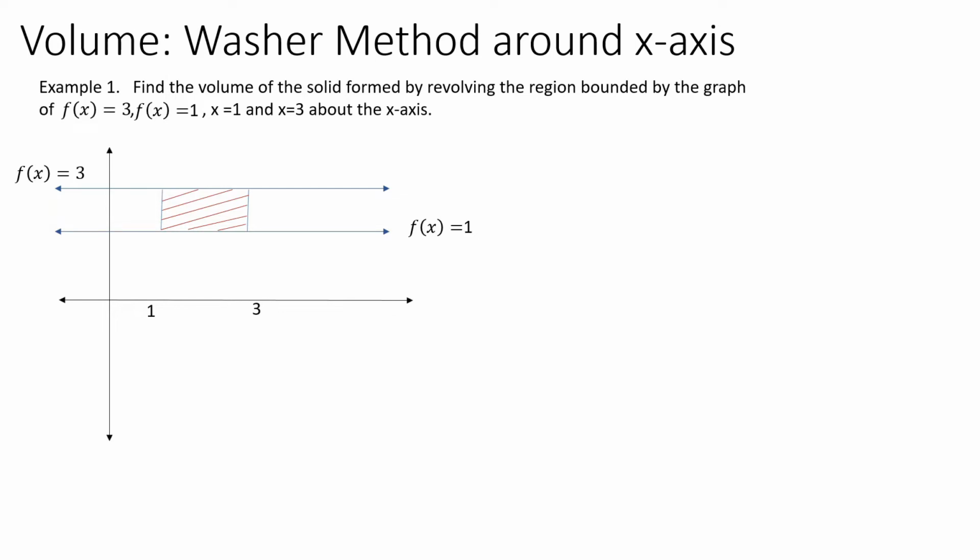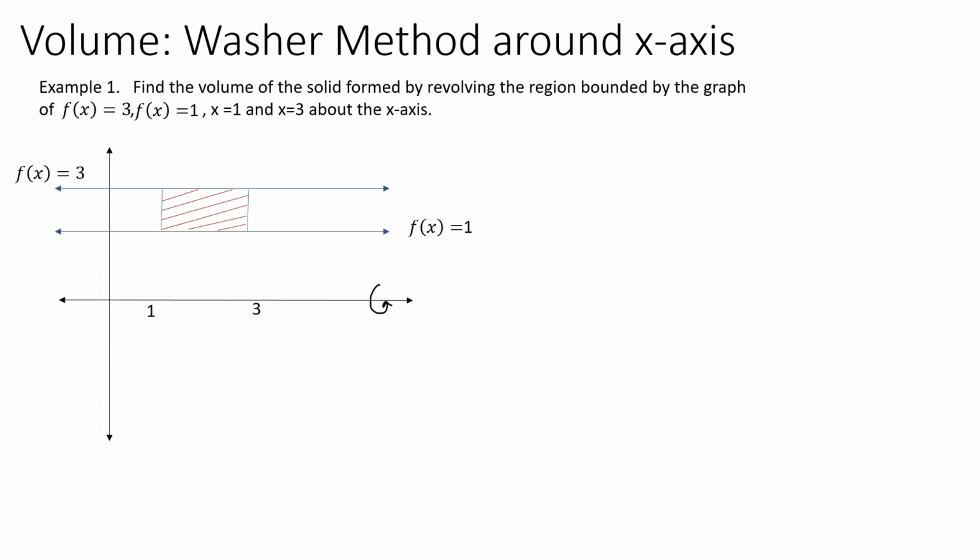We're going to rotate this about the x-axis. Notice that we have a little gap between the area and the x-axis. That's going to create a volume known as a washer, because you're going to have a hole in between the area and the axis of rotation.